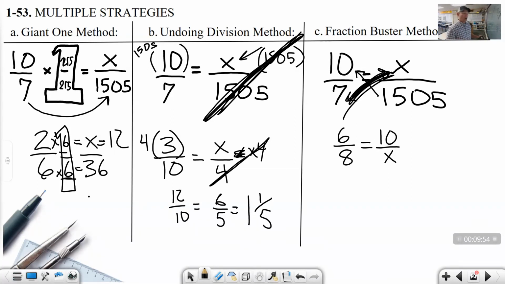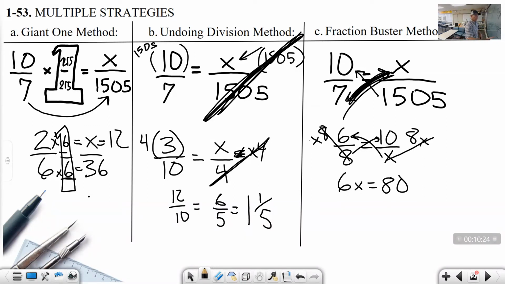So if I were to solve this problem, cross products. And notice, when I do cross products, my fractions have been busted. Because that cross product of multiplying to the opposite side, which in reality is just 8 times this side, big giant 1. 8 times this side. X times this side, big giant 1, X on this side. It's just multiplying both sides by both denominators.